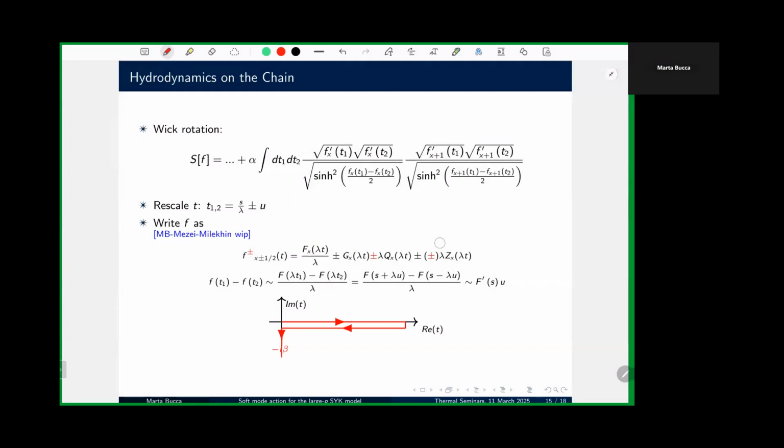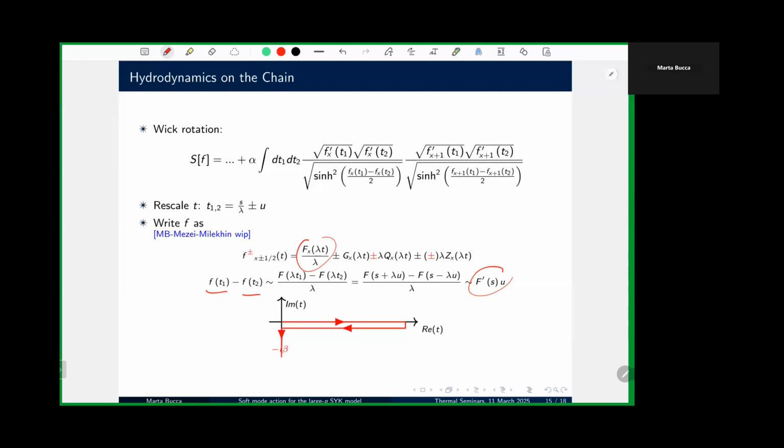The one thing that we can say, however, is that the scaling for this big F is chosen in such a way that the difference between f of tau 1 and f of tau 2 is finite, or of order 0 in lambda. So here you can see that this difference is just F prime(s) times u.